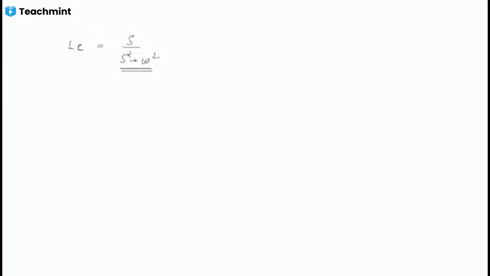Then substituting the value of LC, we get the value of LS. So LS plus omega by S into, what is LC? 1 by S minus omega by S into LS.